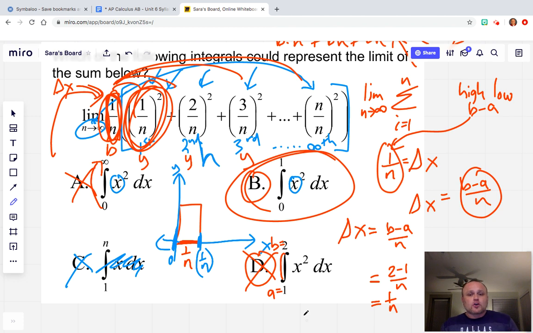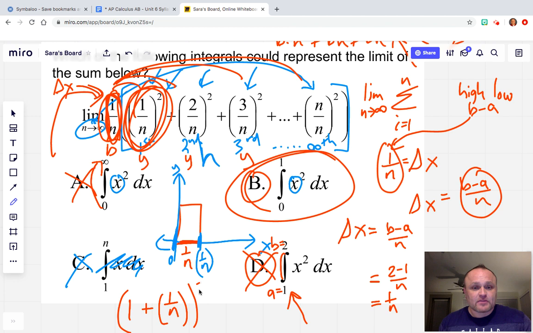Because if you started at 1, what this equation should have been is it should have started at 1 and then add each jump of 1 over n as far as squaring that piece. That would look something like this. All of this would be like x squared, but you're starting at 1.